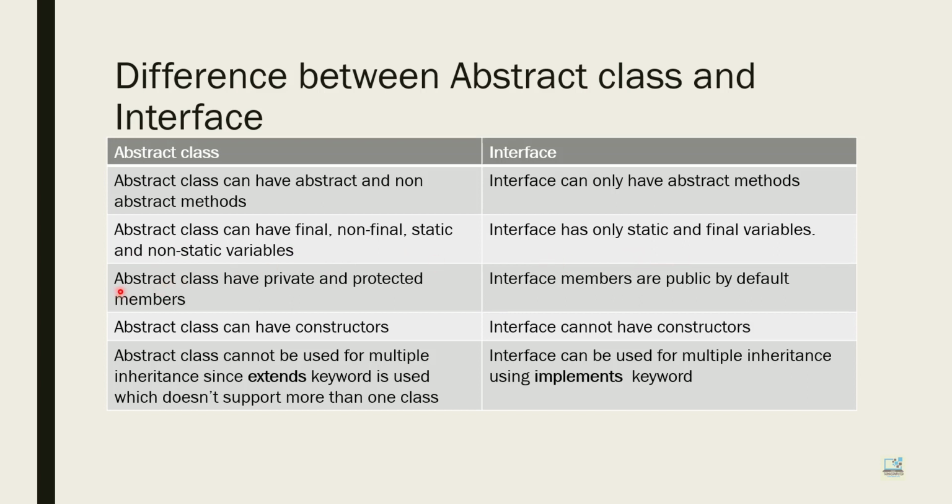Then an abstract class can have private and protected members. Interface members are public by default. An abstract class can have constructors. I told you already, we don't have a constructor in an interface. An abstract class cannot be used for multiple inheritance since the extends keyword is used, which doesn't support more than one class. Whereas in the case of an interface, multiple inheritance is allowed, it is supported because it uses the implements keyword.